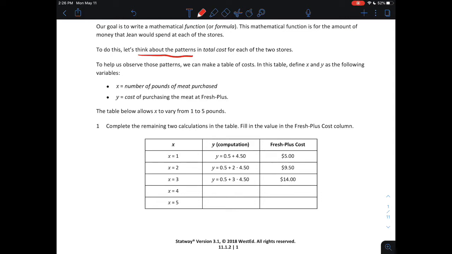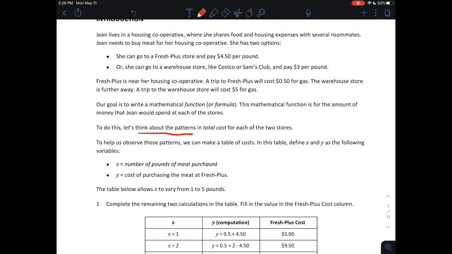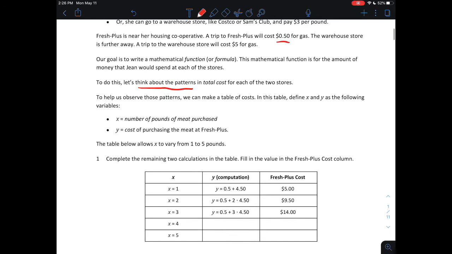So then moving down to the second row, we have X is equal to 1. So this is saying, what if she bought 1 pound of meat at Fresh Plus? So if she were to do that, she first has to go to Fresh Plus. She has to make that trip, and that trip is 50 cents for gas. And then she has to buy the 1 pound of meat.